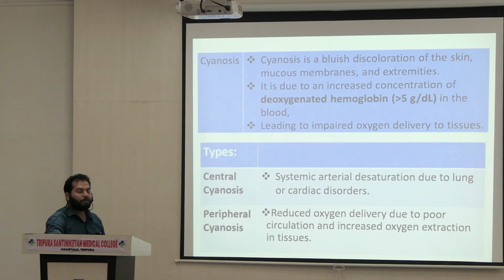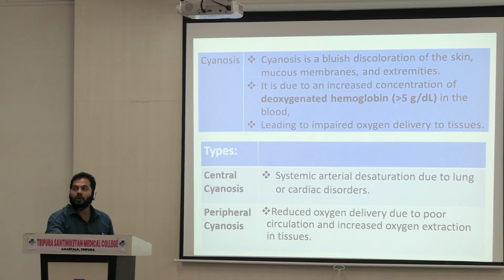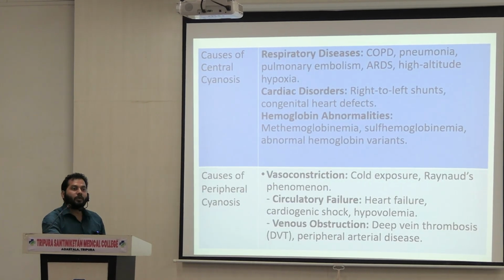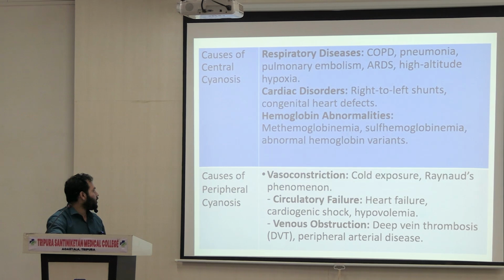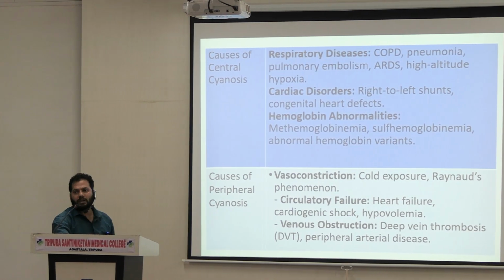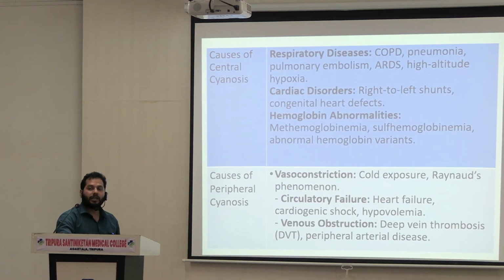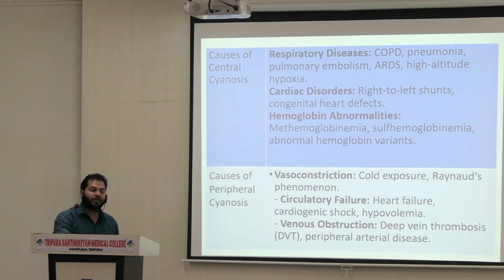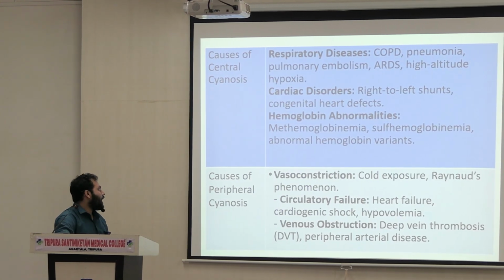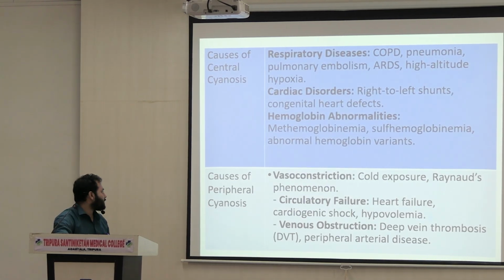But here there is reduced oxygen delivery due to poor circulation. Now, what is the most important cause? The most important cause is vasoconstriction, right? Along with this, circulatory failure is also involved in the development of peripheral cyanosis, and even in some cases hypovolemic shock or hypovolemia is responsible for this.